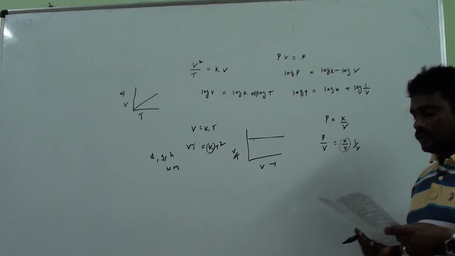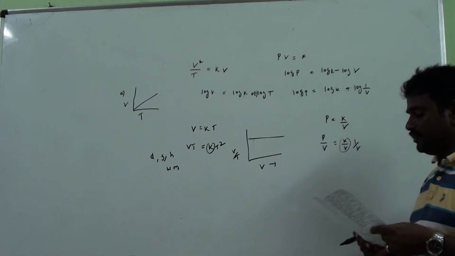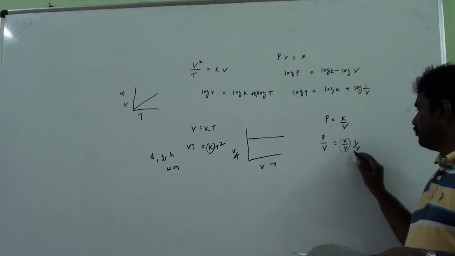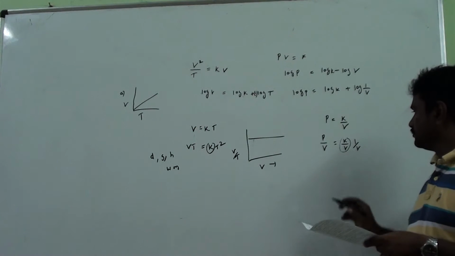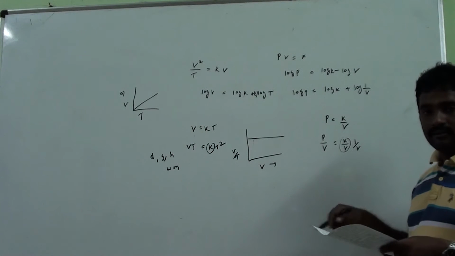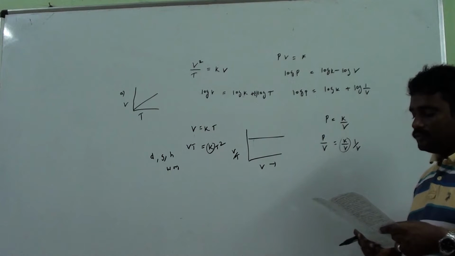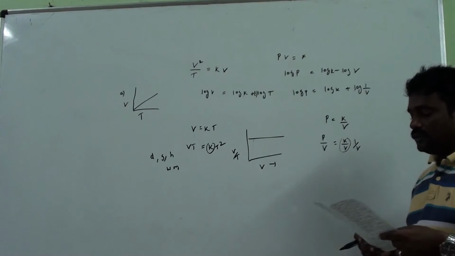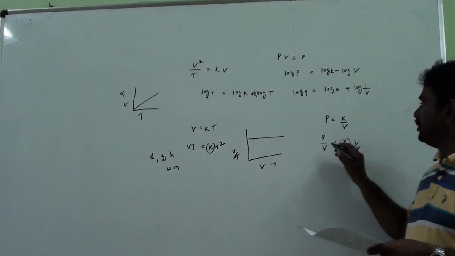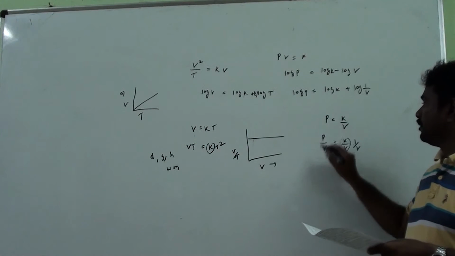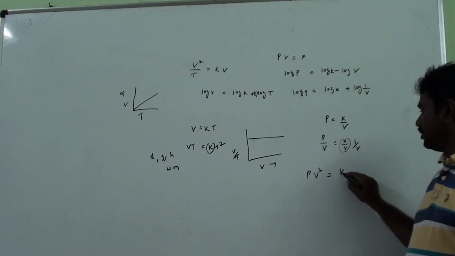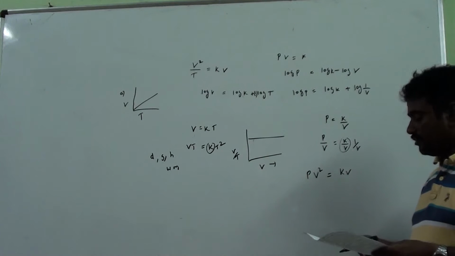Right. Next, G. P by V versus 1 by V square, that means K times 1 by V square. So it's not a straight line, it's a curve, it's not this. So G is false. Next, P V square: multiply this equation by V square, P V square equals K. So again this is constant.